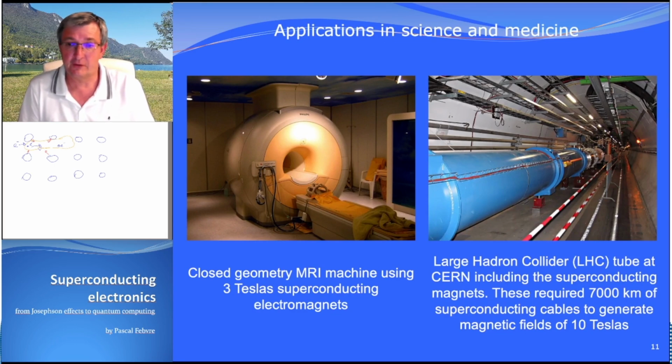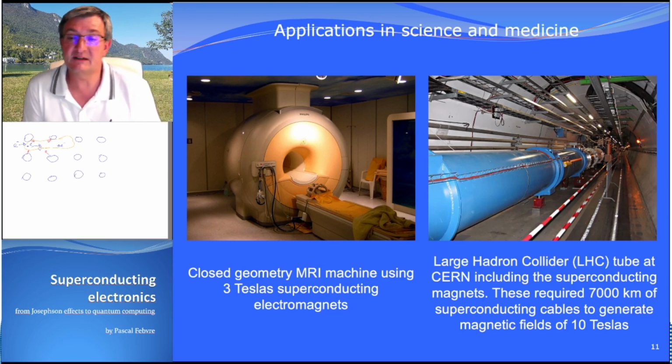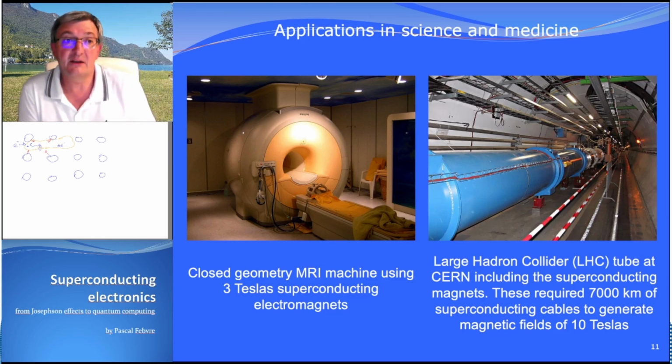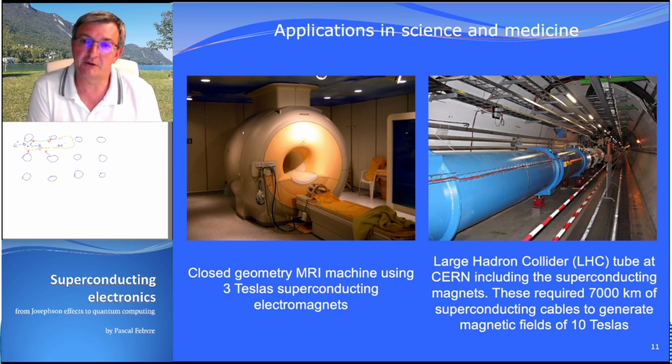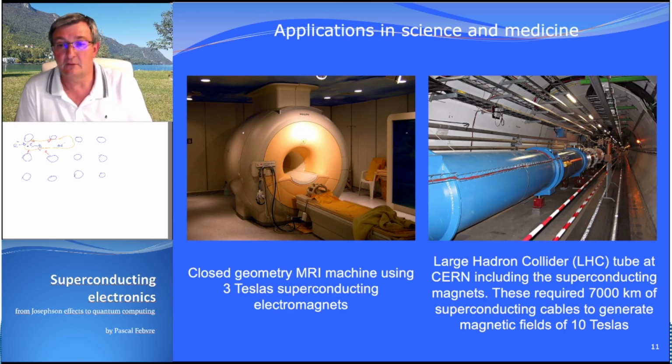The first application that you probably know is MRI, magnetic resonance imaging machines, which can create very high magnetic fields and are made of superconducting wire. You can fill this big coil, as you can see in the left picture, with helium or with other fluids now, with higher Tc materials.